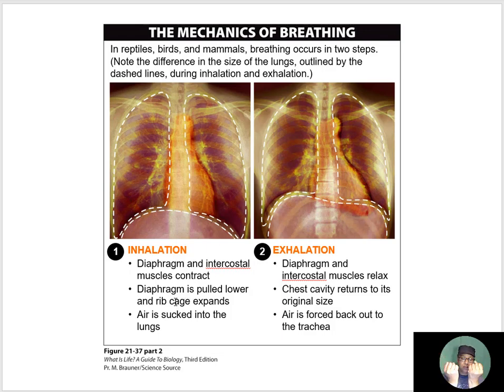So it's this pulling down of the diaphragm that is actually sucking air into the lungs. And then during exhalation, the diaphragm and the intercostal muscles relax and the chest cavity returns to its original size and air is forced back out through the trachea.